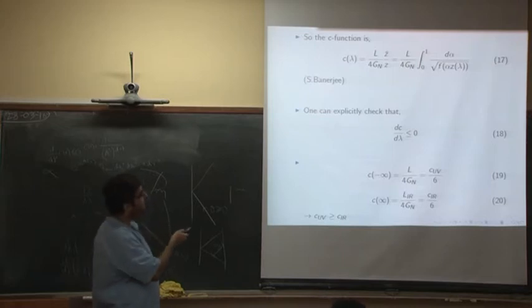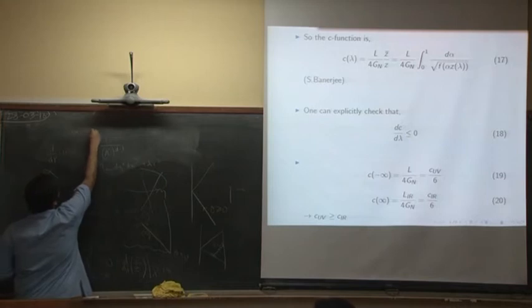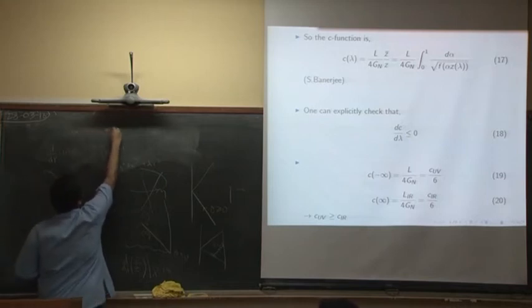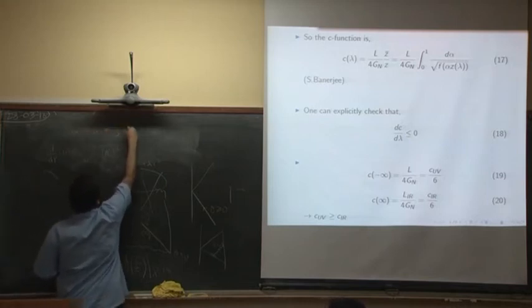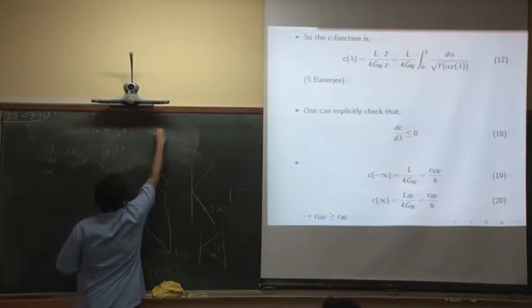This is the type of c function that one gets if you use the sum rule in field theory. For example, in 2 dimensions there is a sum rule proportional to an integral of some b times x squared.